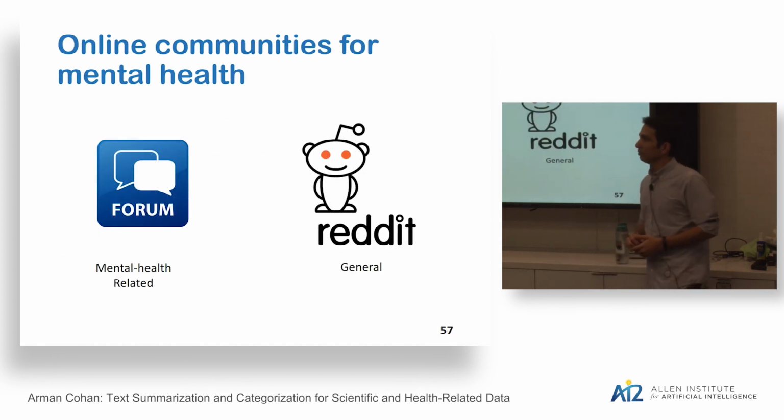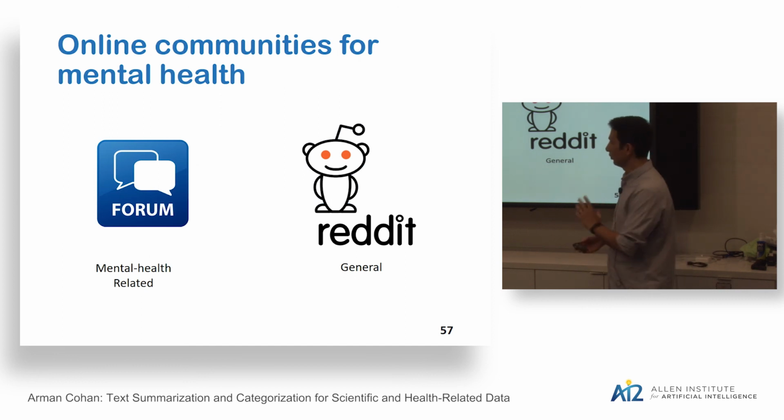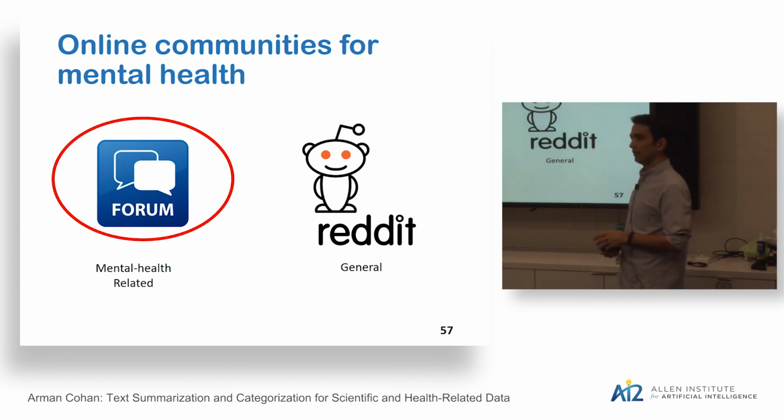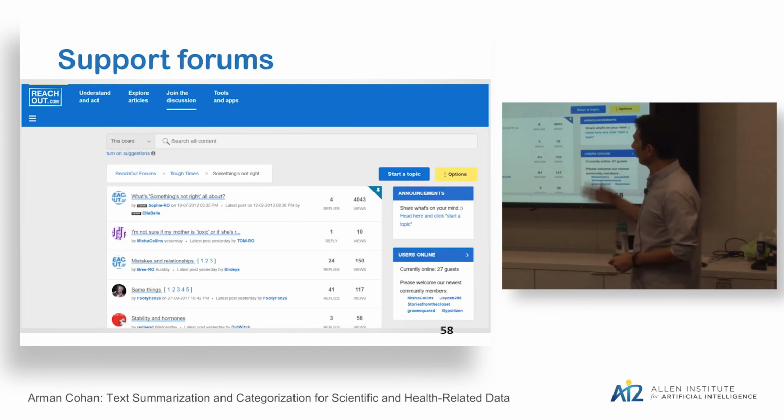We can observe this behavior through online communities or forums. There are two types of forums. The first are mental health related, which are specific forums, and the second are general forums that all people participate in. First I'm going to talk about the specific forums and then switch to general forums.